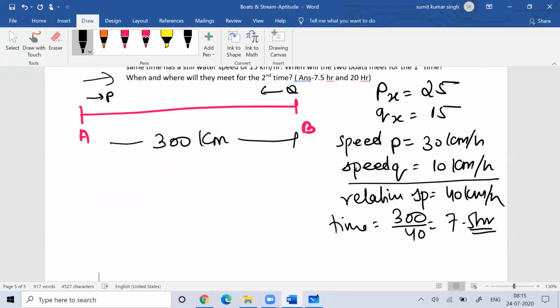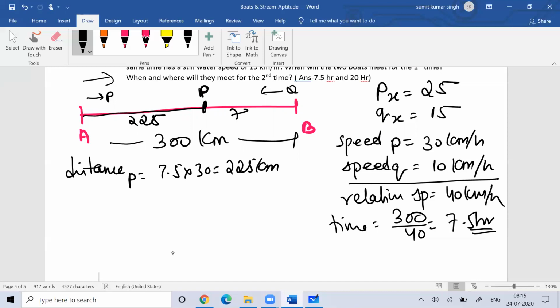So after 7.5 hours, what would be the distance boat P would have covered? Its speed is 30, so it covered 225 kilometers, and boat Q would have covered 75 kilometers.